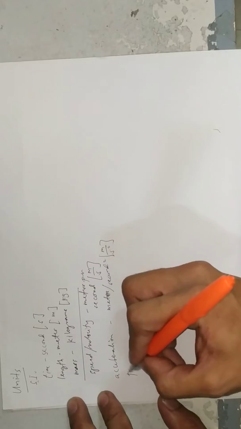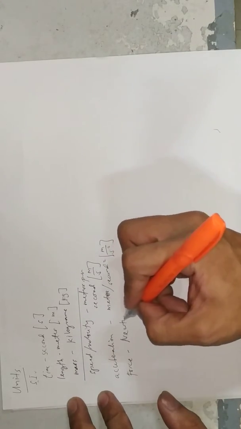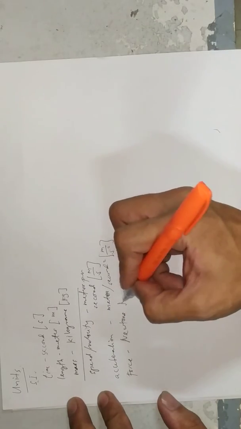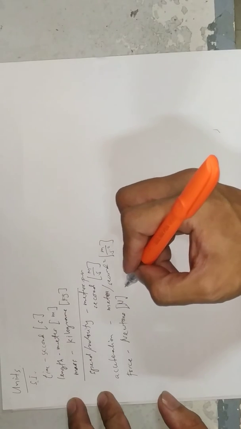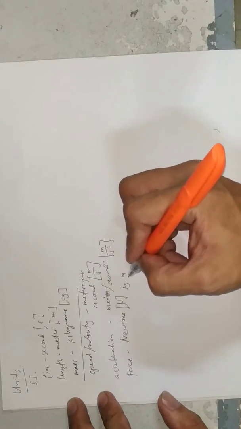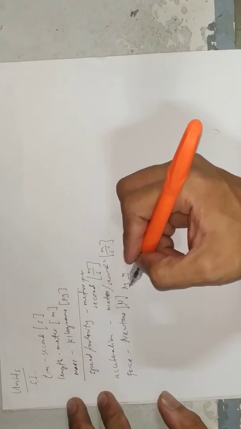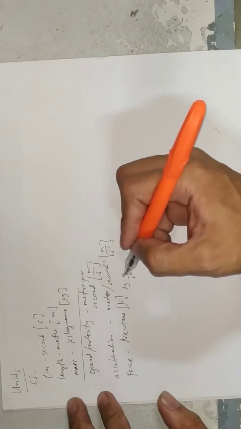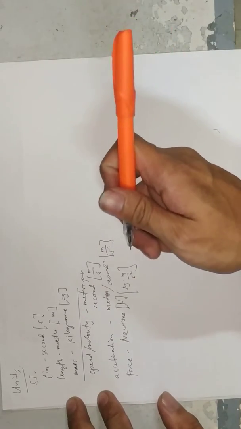Or we can have force, if you want so. That would be in newtons. The Newton symbol is just simply capital N, and in terms of fundamental quantities, we can write it down as kg times m over s square. That would be mass times the acceleration. So we can also write Newton in this way.